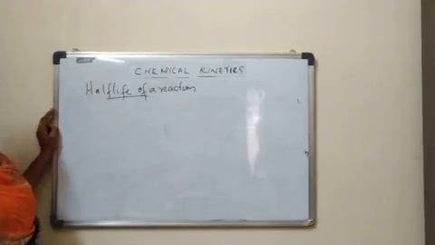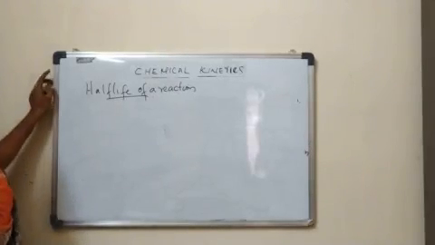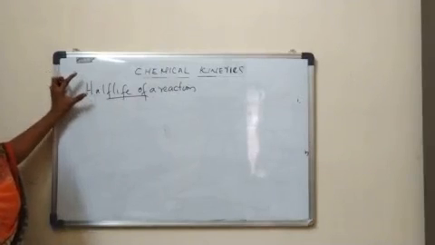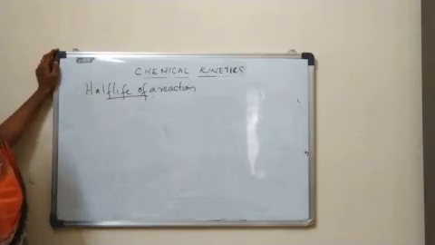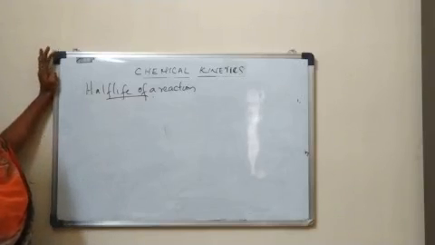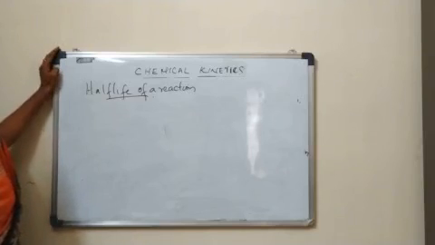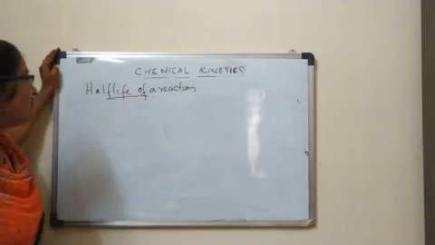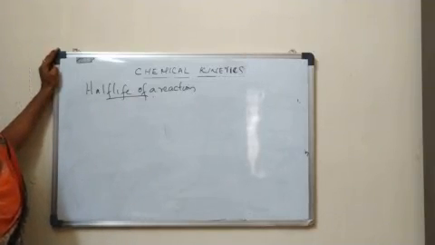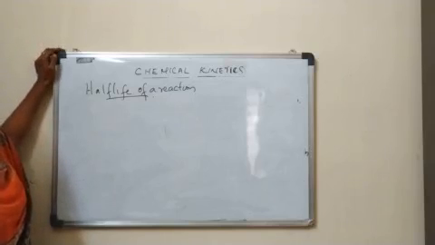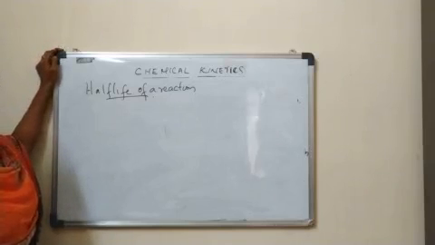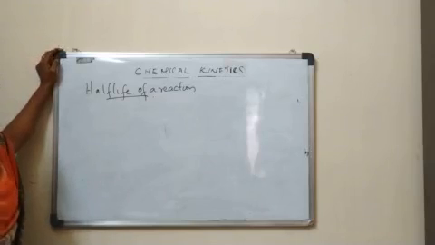Next is the half-life of a reaction. Half-life, as the very name indicates, is defined as the time in which the concentration of the reactant is reduced to one half of its initial concentration. That time is known as the half-life period. Normally, for the board exam, defining half-life is a usual question. So, what is the definition of half-life?